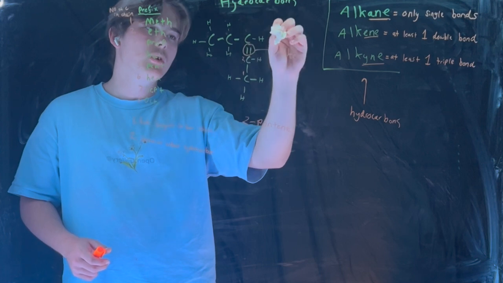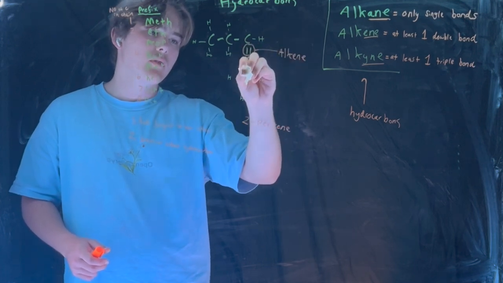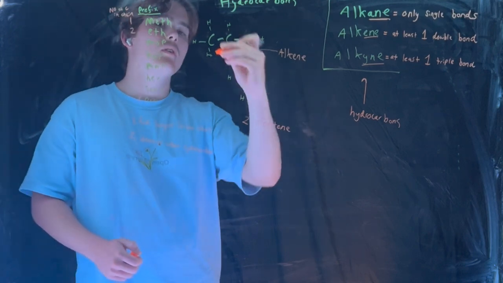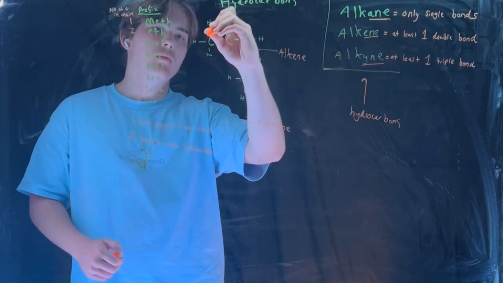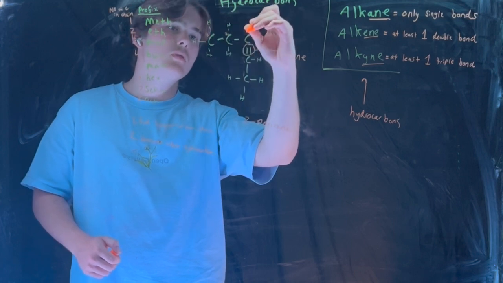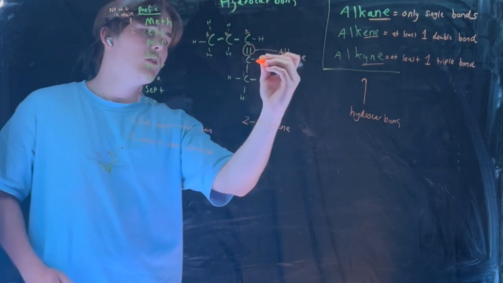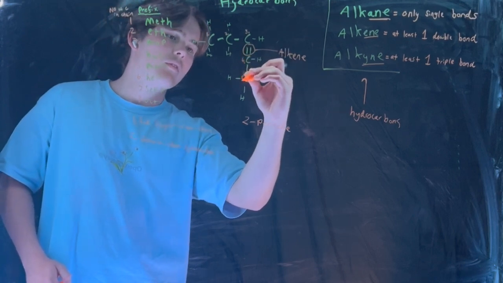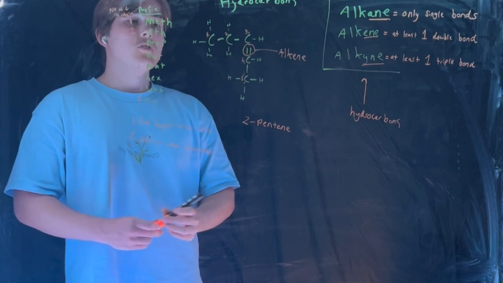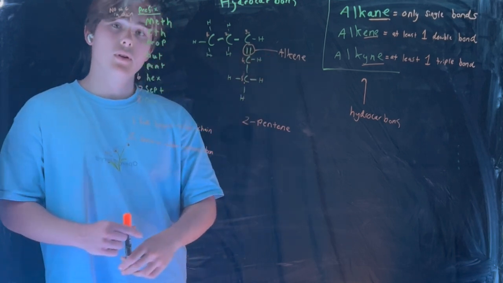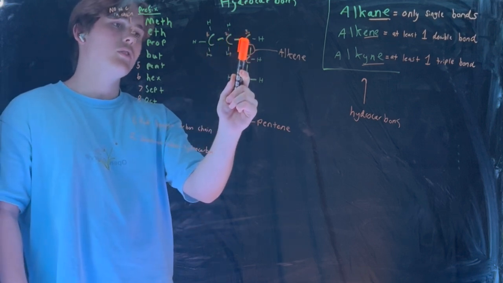Let's say we labelled the carbons in the reverse order. So let's say we make this one here carbon 1, carbon 2, 3, 4, and 5. If we look at it that way, then we say the double bond is on carbon 3. 1, 2, 3.